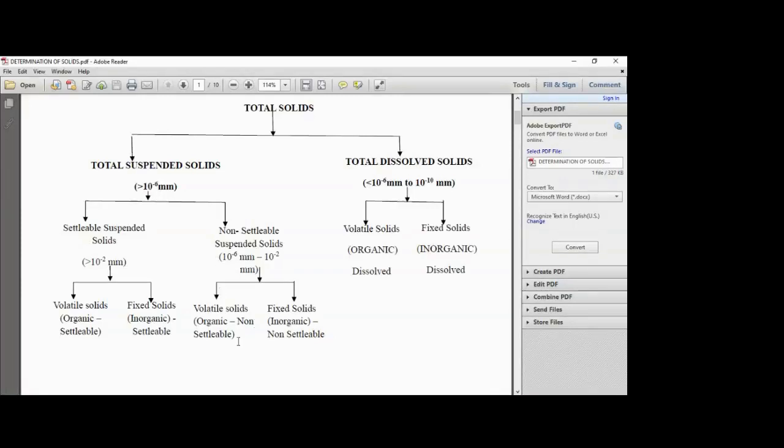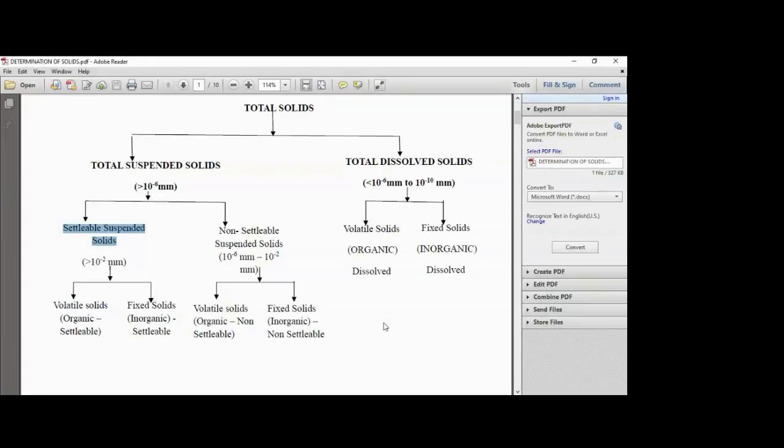The organic volatile solids which are non-settlable will get converted into settlable organic solids in your aeration tank, because of the chemical oxidation and reduction, the redox reaction that is happening. You shouldn't be confused that the aeration tank is used only for supplying oxygen. Why are we supplying oxygen? Because oxygen is an oxidizing agent. It will convert the non-settlable suspended solids to settlable suspended solids, and then they will be removed in the secondary sedimentation tank.